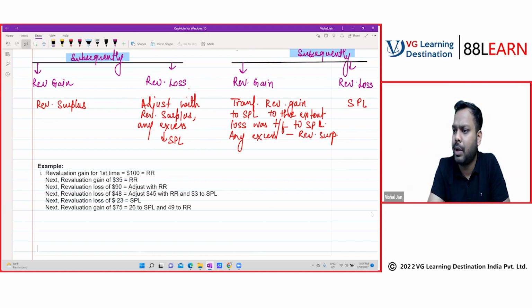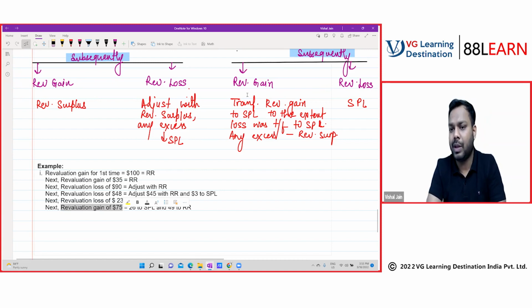Okay, now Subham, in the last example, why are we transferring 49 to RR? Tell me, what is the total loss that we have transferred to SPL? 26. And after that, what is the total gain? 75. So what I have said here is, transfer revaluation gain to SPL to the extent loss was transferred to SPL.